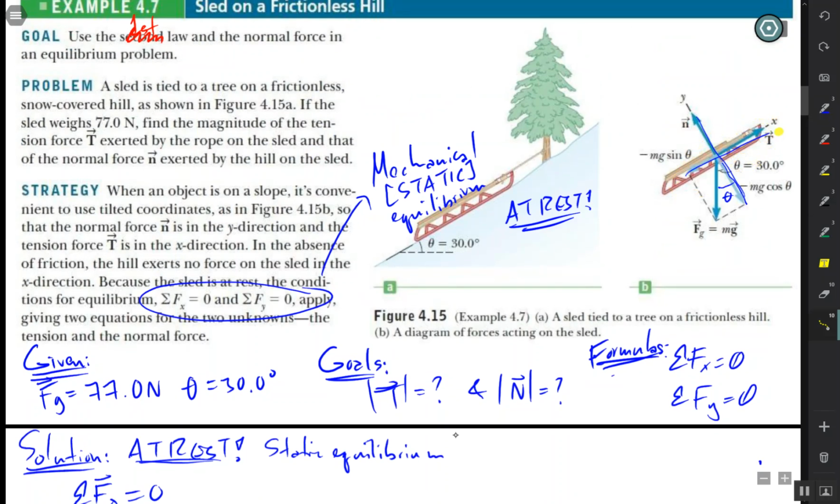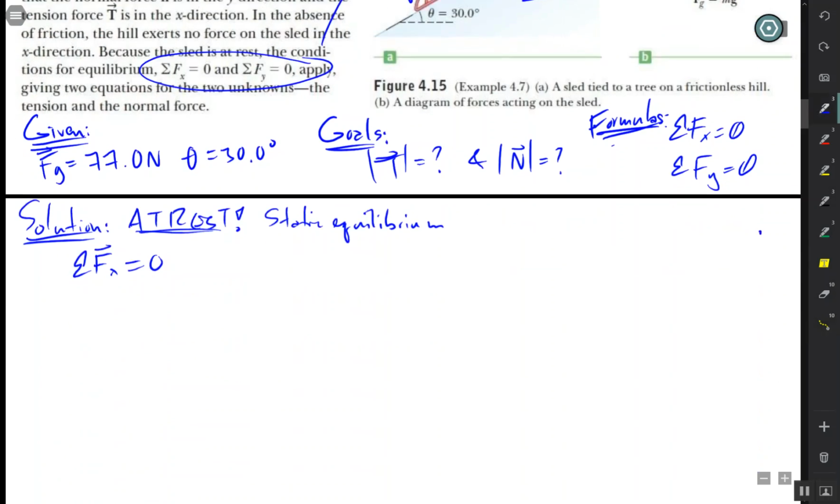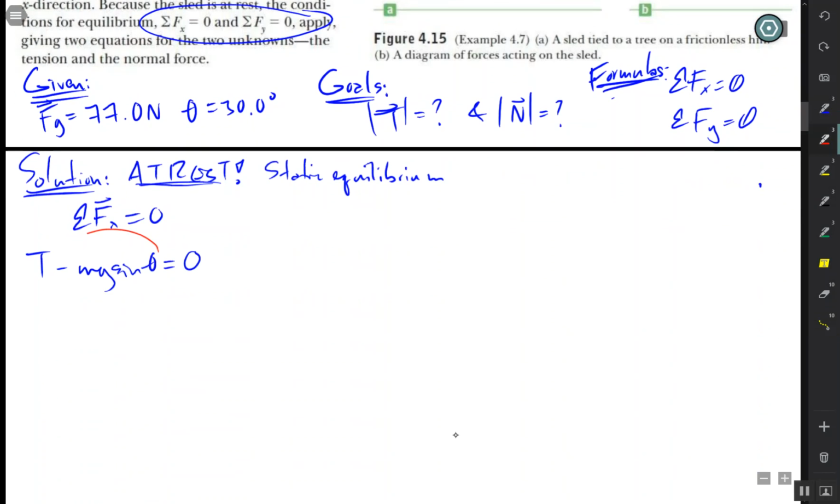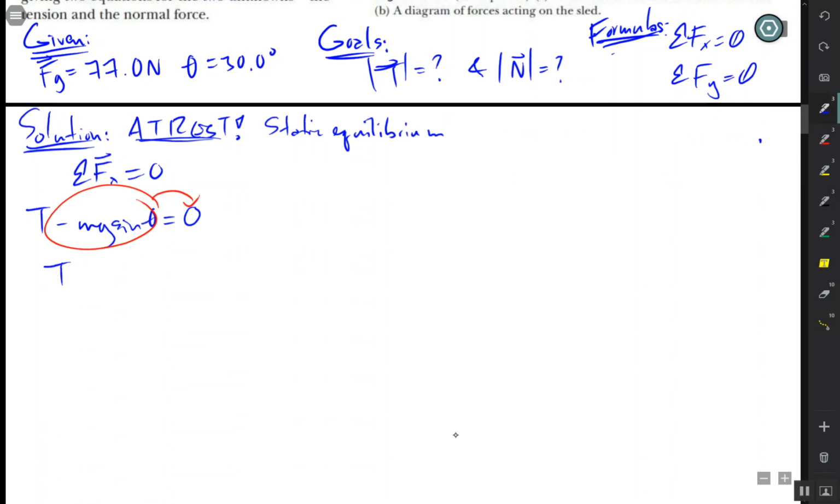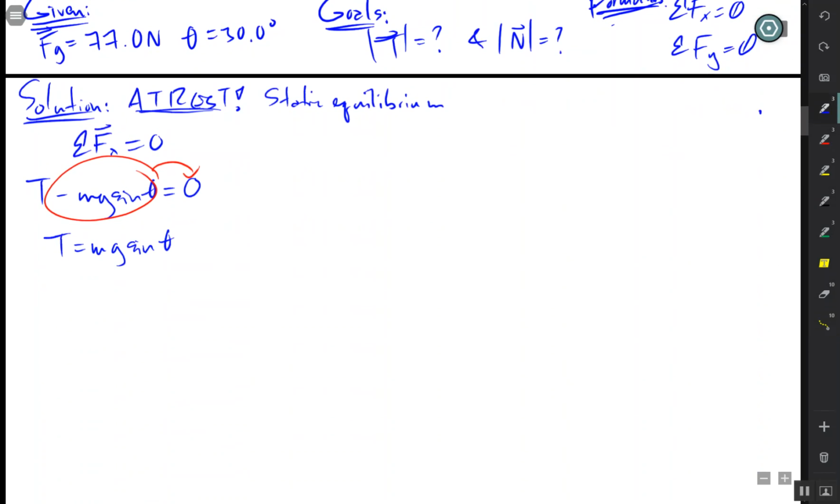Tension is going in the positive x direction, and the negative mg sine theta, because this component is opposite to the angle theta. So I have tension minus mg sine theta equals 0, or simply move this to the other side, and I get that the magnitude of the tension is mg sine theta. You can go ahead and solve for that already, but let's save that.